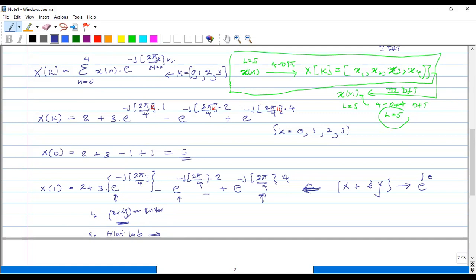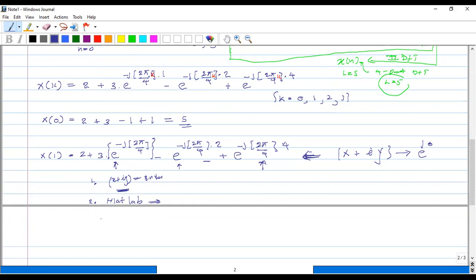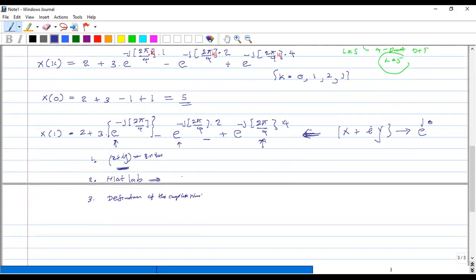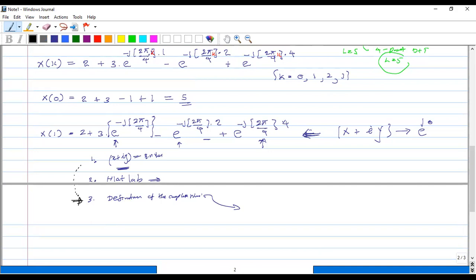Otherwise, you can use the definition of the complex number. That is also somewhat easy. Using this one also we are doing the same thing, converting this polar form complex number into Cartesian form.